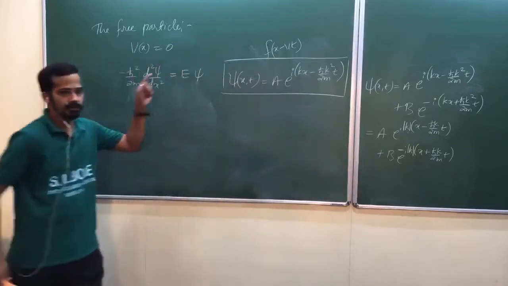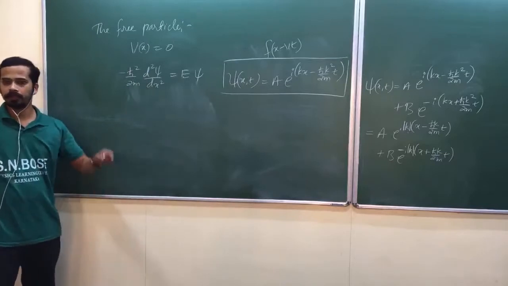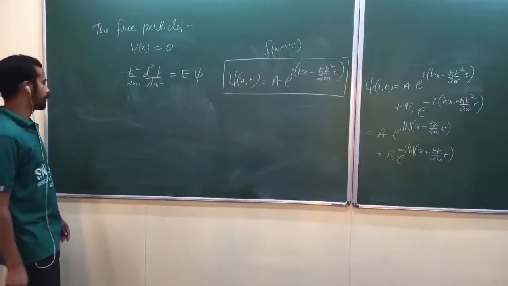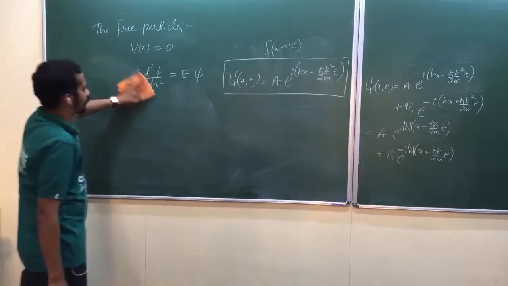I mean, that wave function is supposed to represent that particle, am I right? So it travels with half of the speed of the particle, okay?